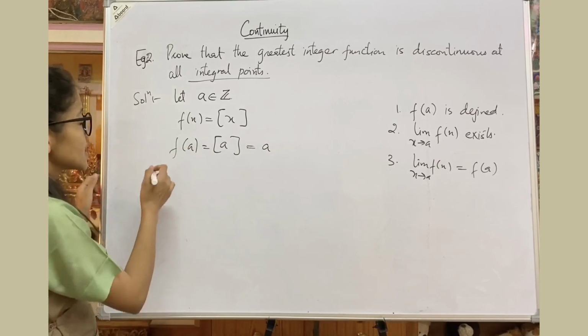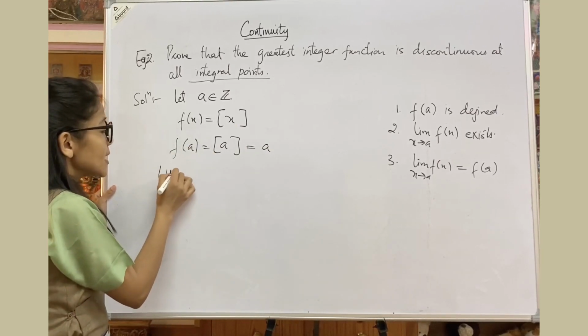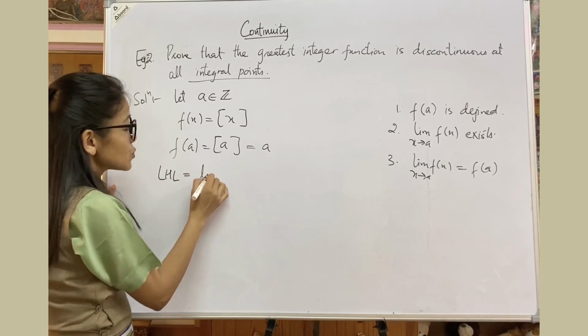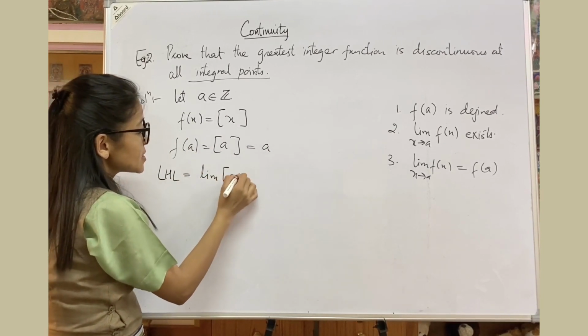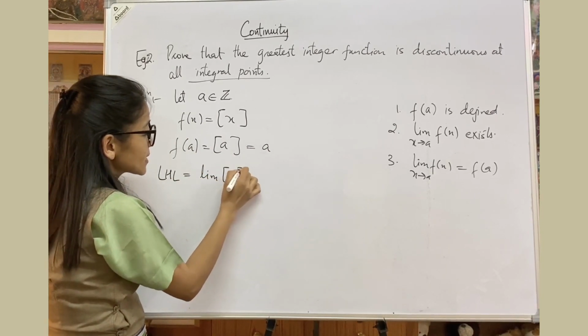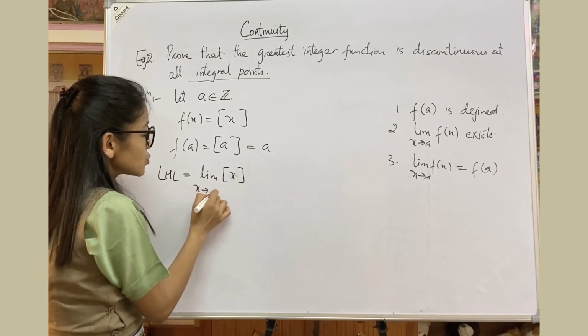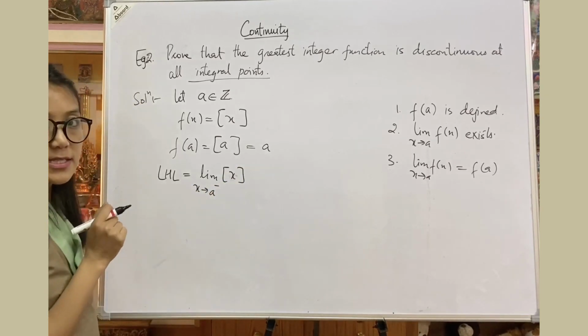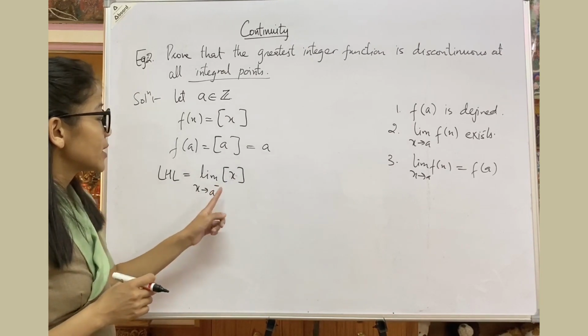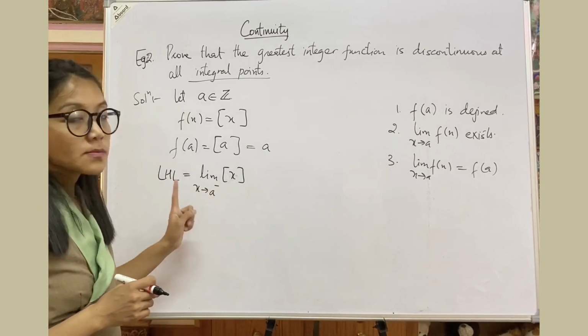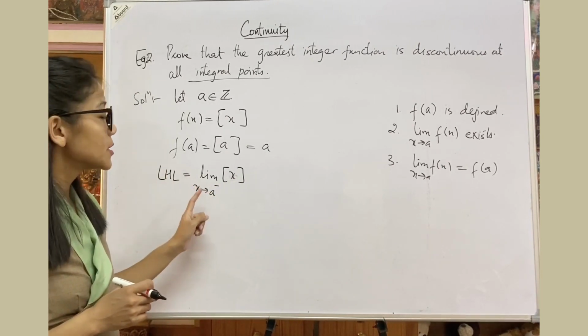Now we will check the second condition, that is, we have to find the left hand limit. So this is equal to the limit of the greatest integer function of x, where x is tending towards a from the left hand side. We know that a is an integer.